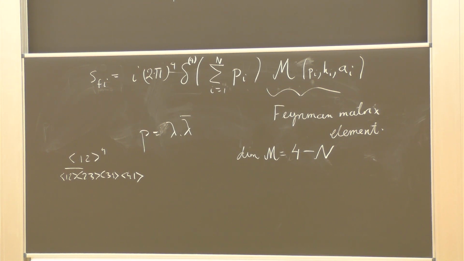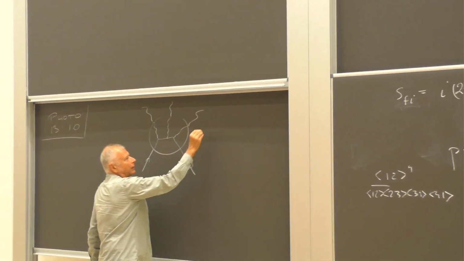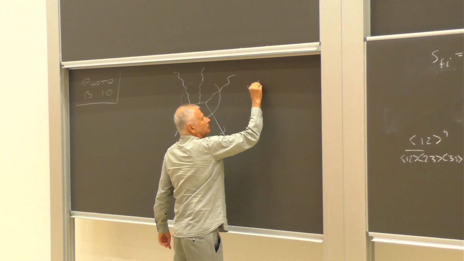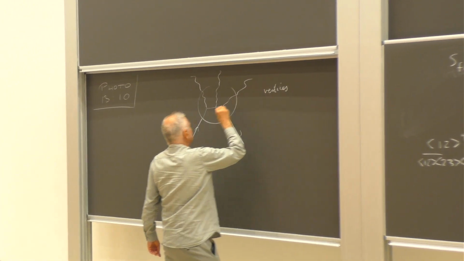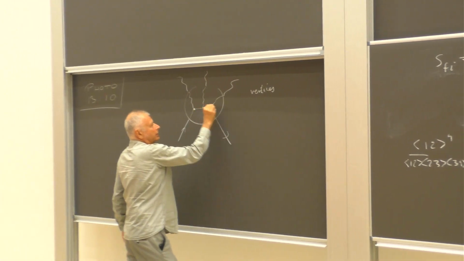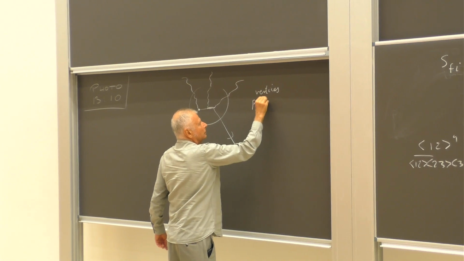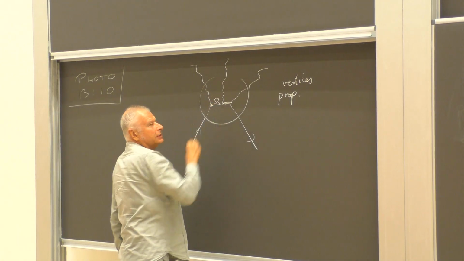You can construct them in perturbation theory by writing all possible Feynman diagrams. The Feynman diagrams contain vertices, propagators, and eventual loops, if you wish.